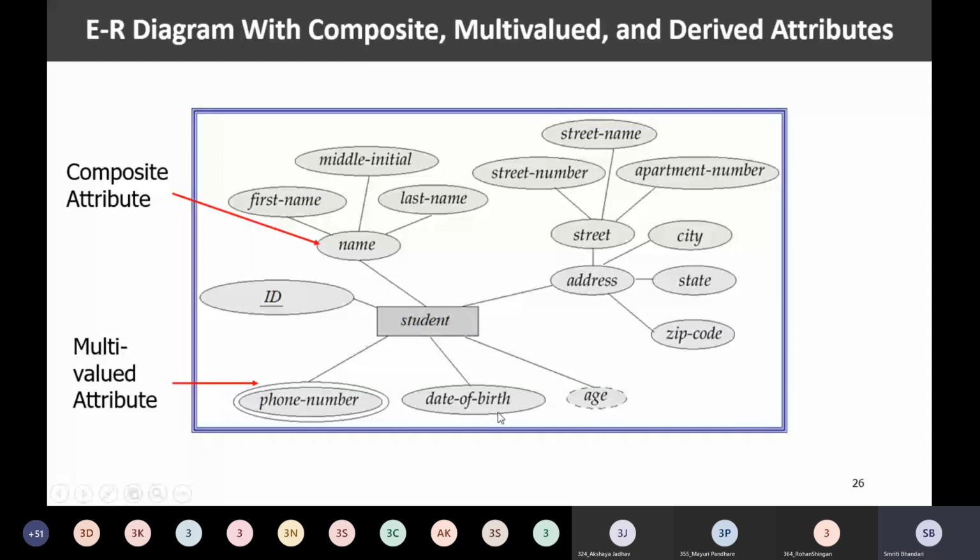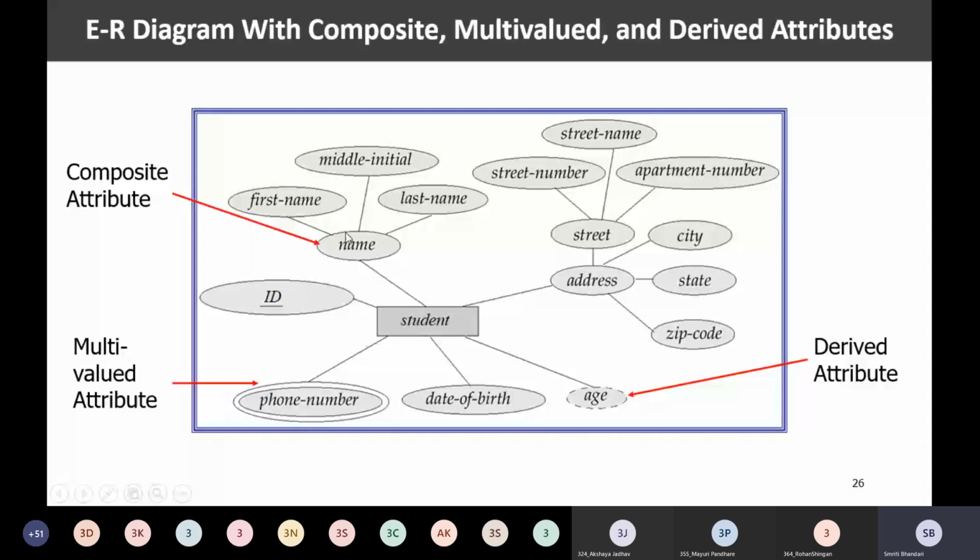So age can be derived from the date of birth, and that is why age is my derived attribute. If I want to show the derived attribute, then I make use of a dashed ellipse. So these are the notations for various kinds of attributes.